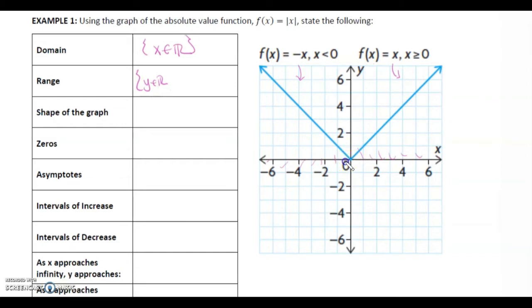Okay, range, we quote unquote start at 0 and we go up forever. So it's y ∈ ℝ such that y is greater than or equal to 0. If you're using interval notation, you can put 0 to infinity.